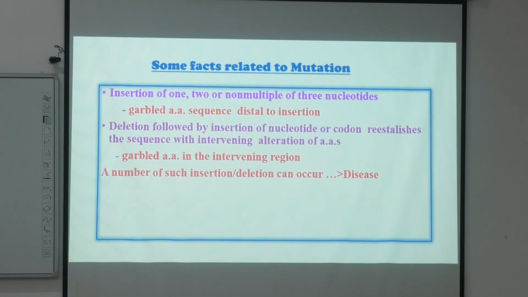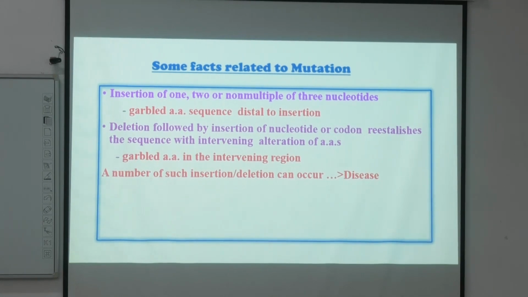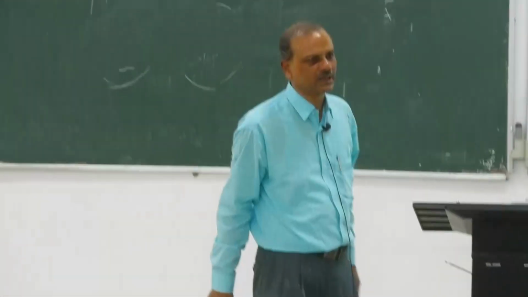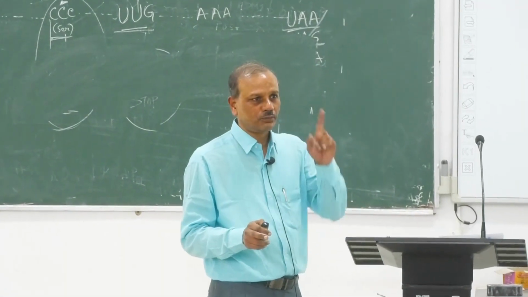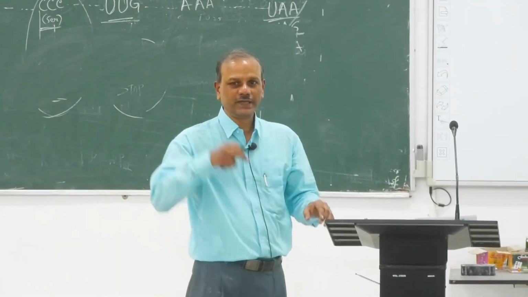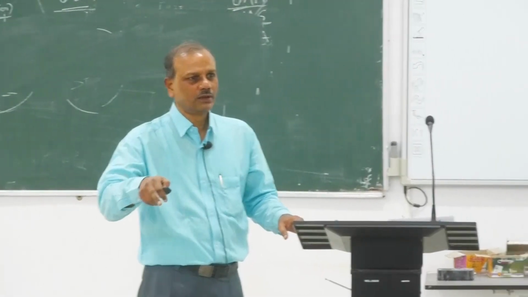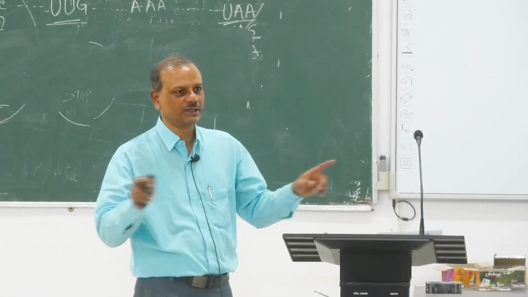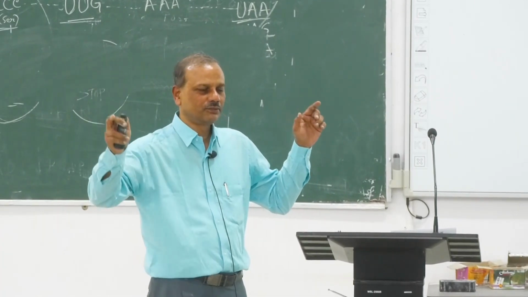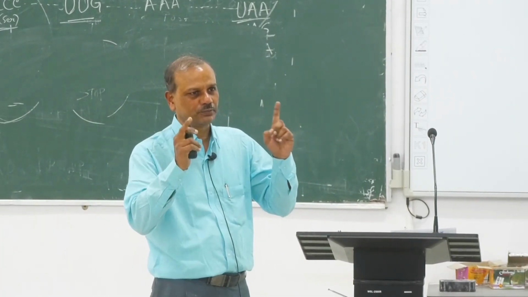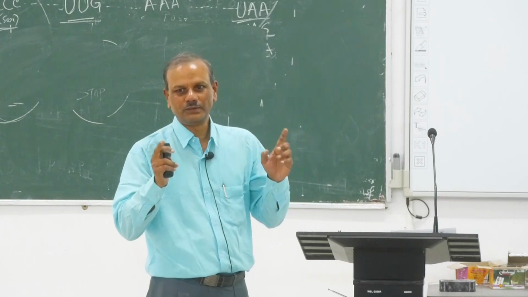The insertion or deletion of that one. But the deletion of one followed by insertion of another. We know they are different. The problem is in the inner portion of the protein.